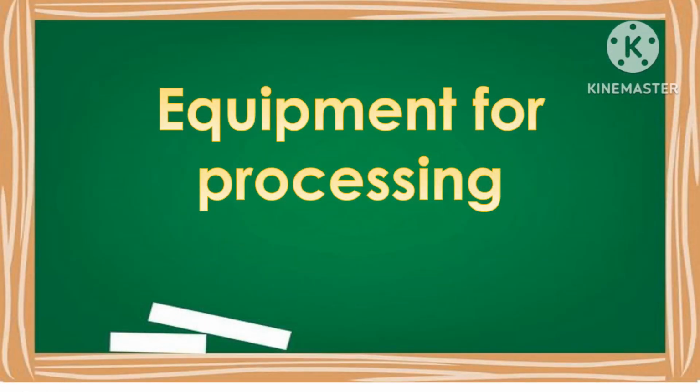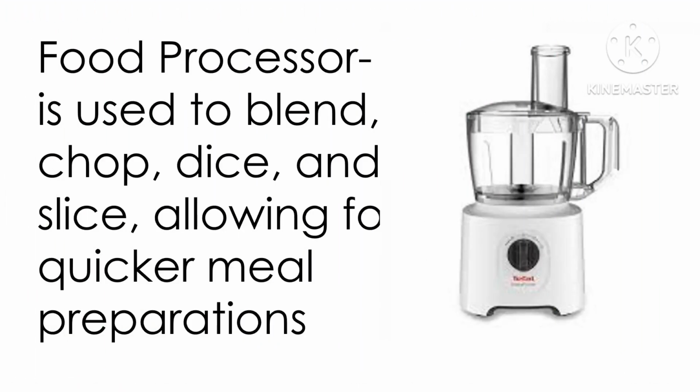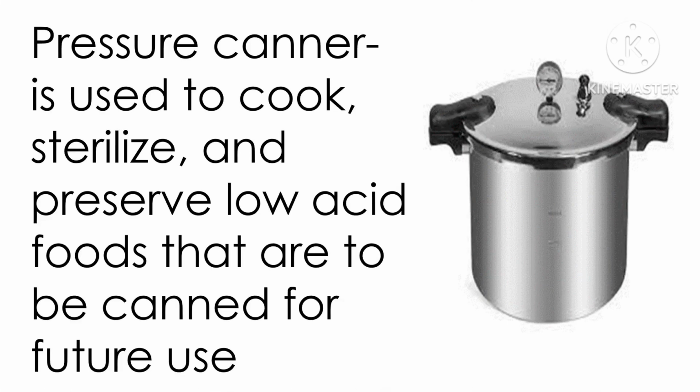Equipment for processing. First is food processor. It is used to blend, chop, dice, and slice, allowing for quicker meal preparations. Second, pressure canner. It is used to cook, sterilize, and preserve low-acid foods that are to be canned for future use.